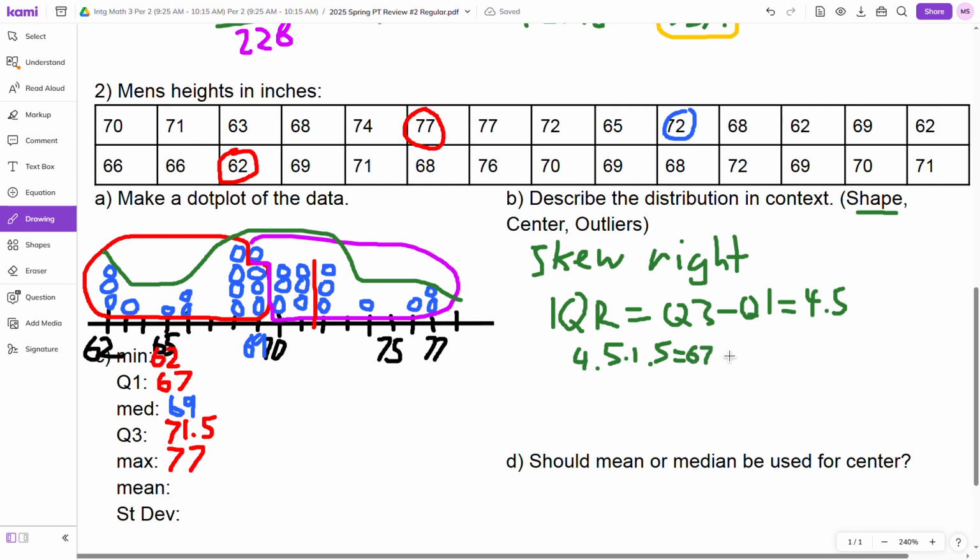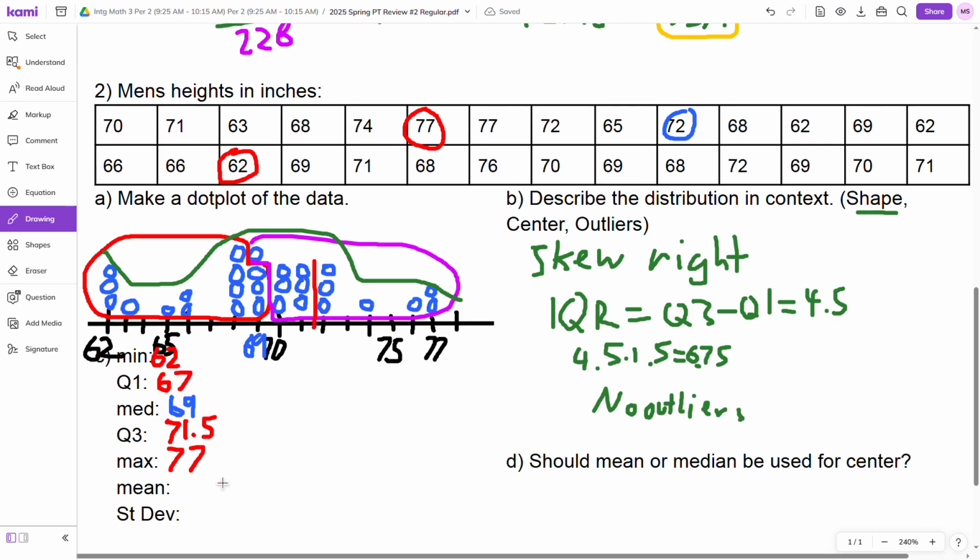And we have to add that to Q3, Q3 being 71.5. Is there a number above 78-ish? And no, there is not. And what about Q1 minus 6.75? Is there a number that's like 60? No, there's not. So there's no outliers. No outliers. Okay, so that answer is B.